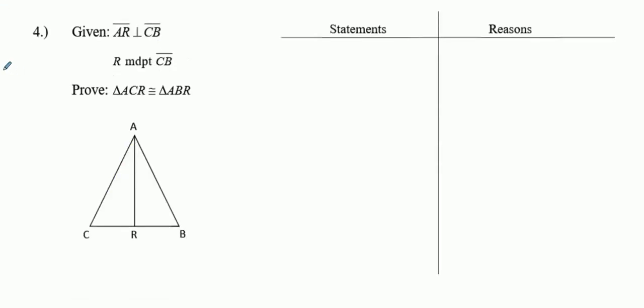Next, we'll look at number 4. Here we're asked to prove triangle ACR in yellow is congruent to triangle ABR in pink. Again, we'll start with the given. We're given perpendicular lines, AR and CB, and that R is the midpoint of CB.